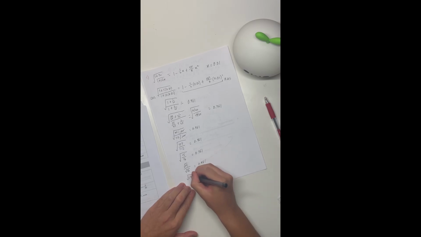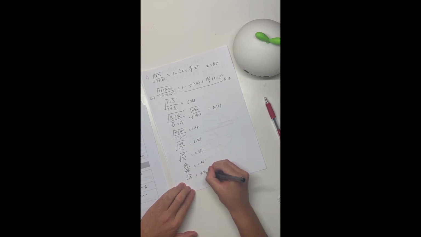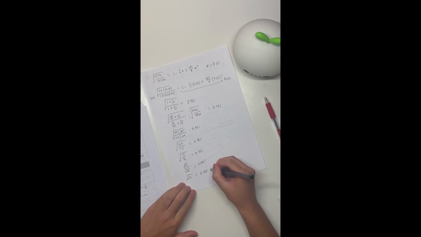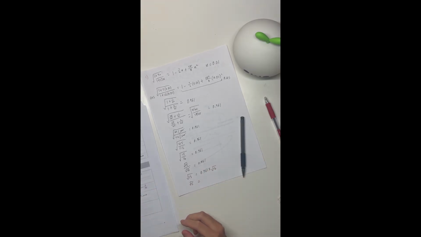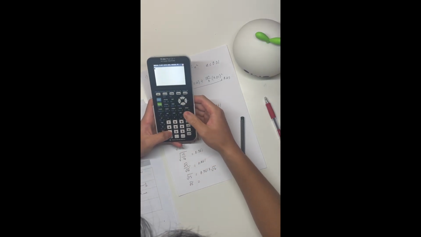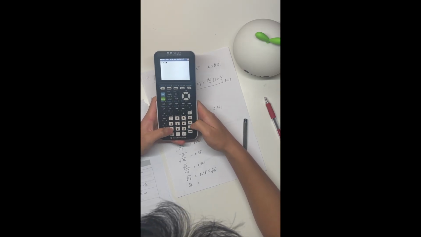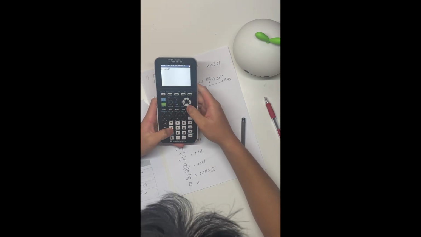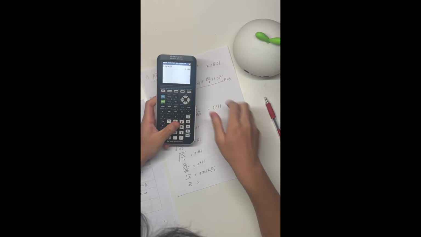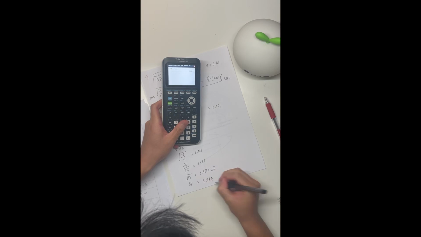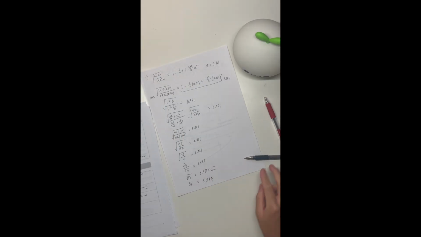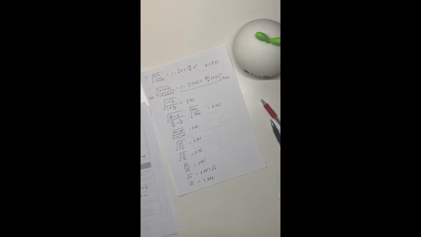Then you just have to rearrange the formula by moving the square root of 16 to the other side, so multiplication. And then we'll find the answer, which I will work out in my calculator and see what we get. 0.961 times the square root of 16 is 3.844. And let's see what the answer says.